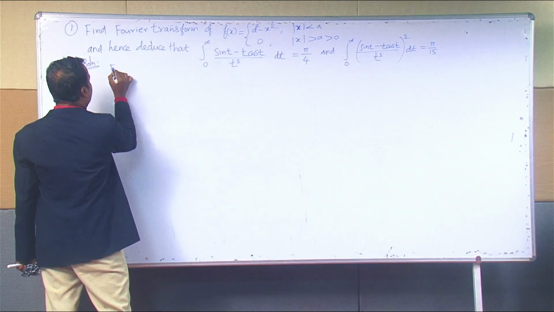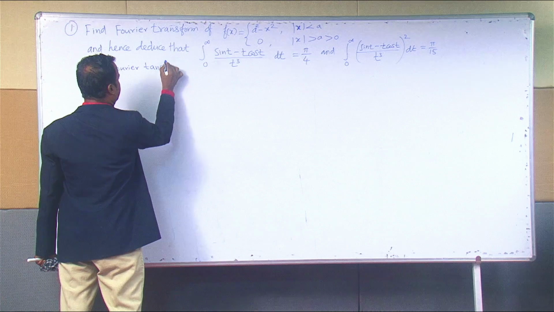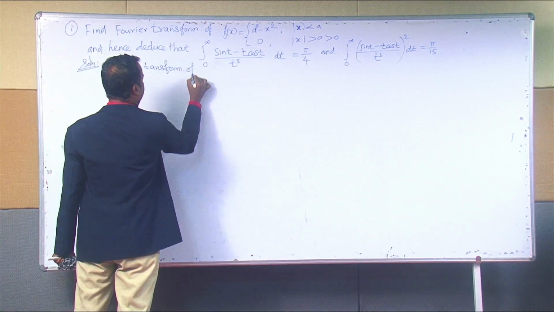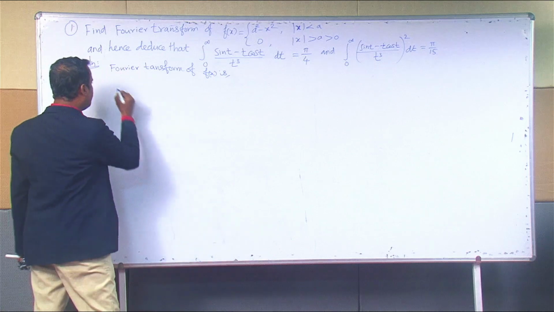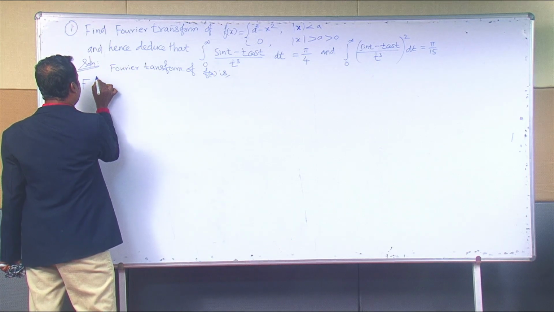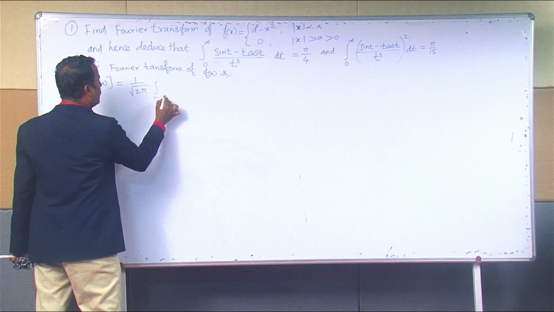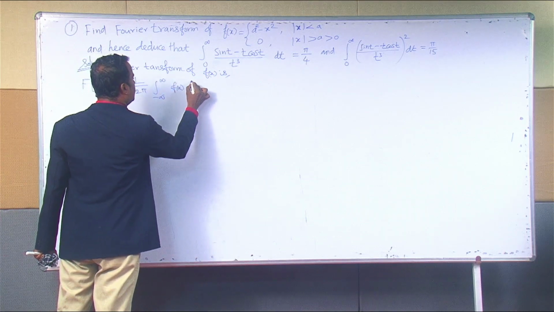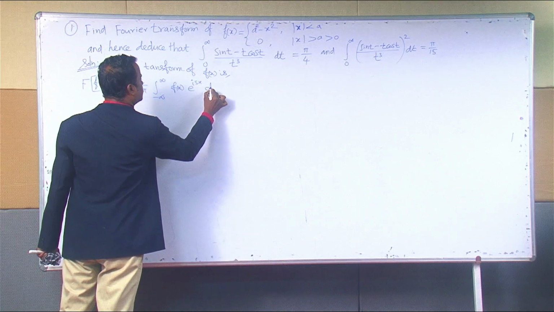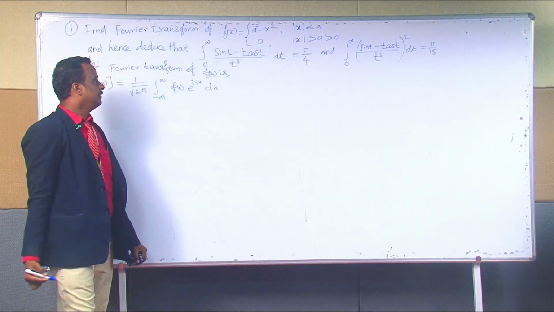By the definition, the Fourier transform of f of x is equal to 1 by root of 2 pi integral minus infinity to plus infinity f of x into e power isx dx. By the definition of Fourier transform, we can write it like this.